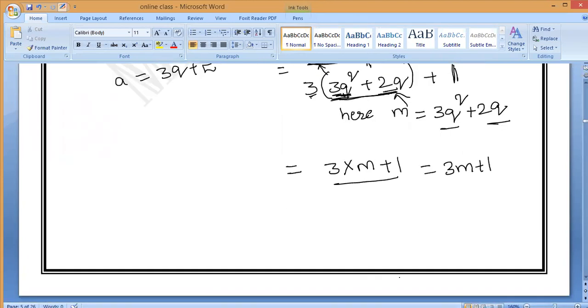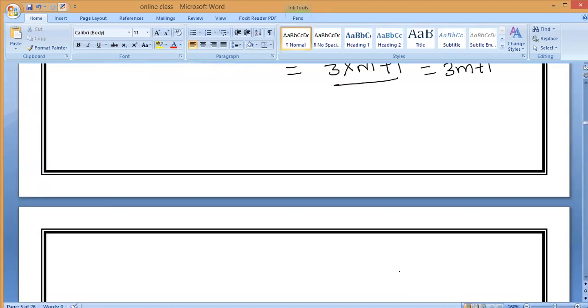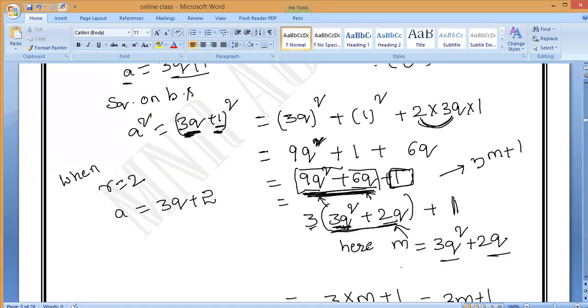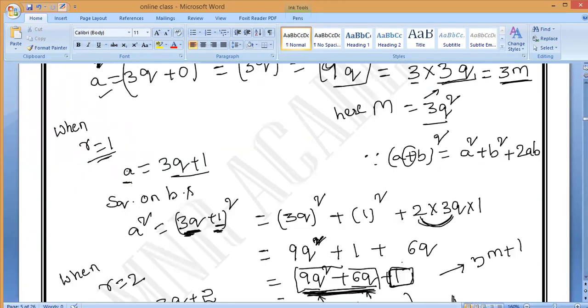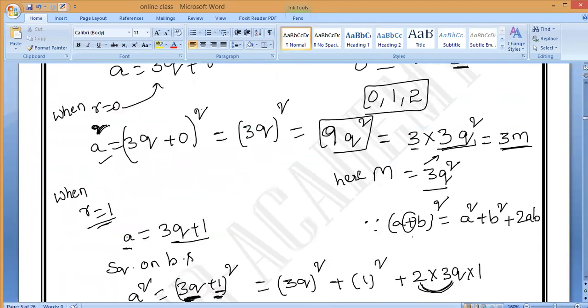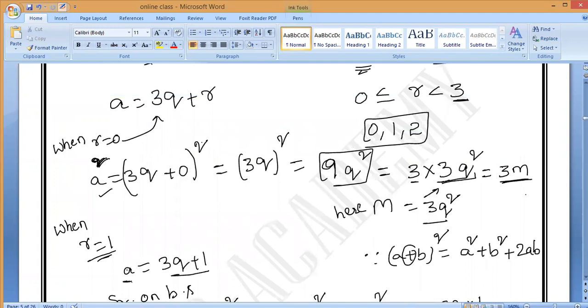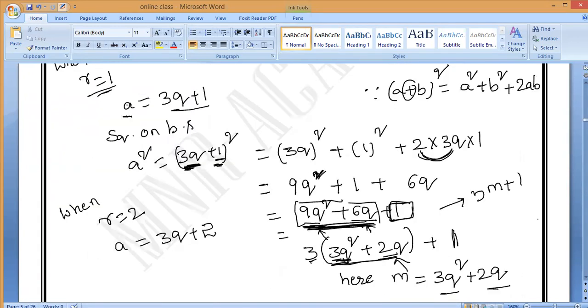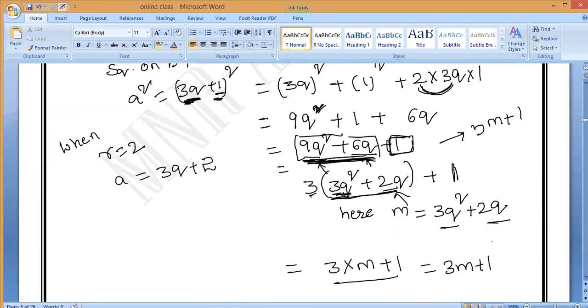Next, when r equal to 3... sorry, that's all. So the square of any positive integer is in the form of 3m plus 1. Here we have not solved r equal to 2, correct?